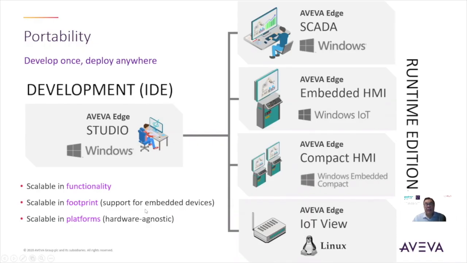That flexibility really gives you the capability to pick and choose and scale. For example, if you happen to be a machine builder or system integrator, you can offer your customers a standard level product, a high-end product, and maybe a low-end product based on cost, size, or resolution of the panel PC that you want to use. The other benefit is the ability to develop once and deploy anywhere.